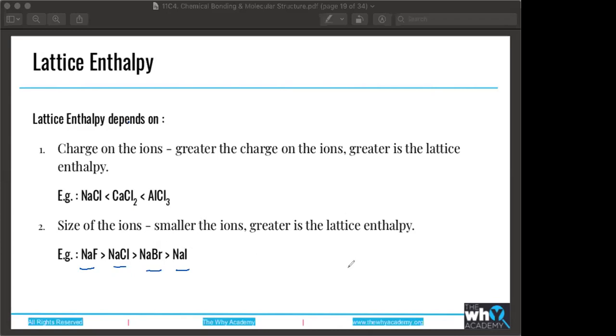So you can think of this as lattice enthalpy relating to packing of the particles, right? If you take a bunch of basketballs versus a bunch of sand, which one is more tightly packed?